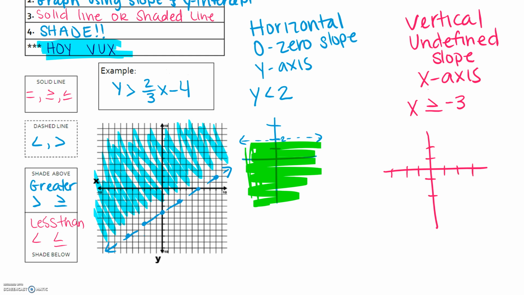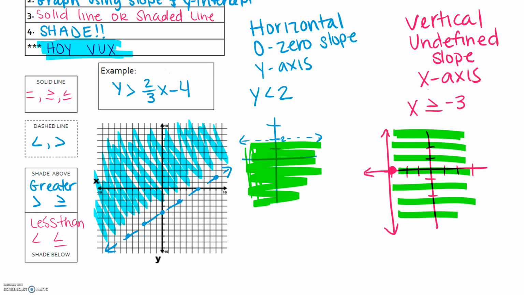I would go to -3 on my x-axis and put a point. I have greater than or equal to, so I'm going to have a solid line. And I'm going to shade on the greater than side. On the x-axis, greater than is to the right, because those are the numbers getting larger.